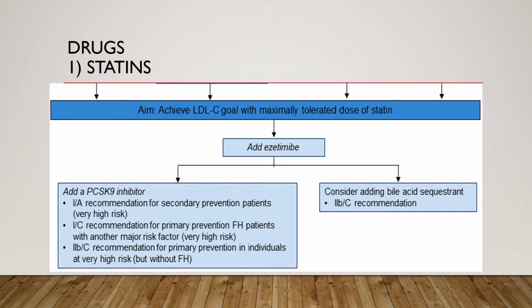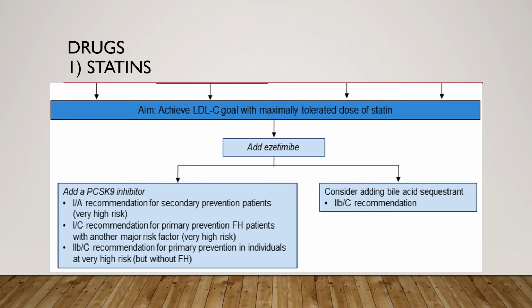If you achieve this target with the maximum tolerated dose and the patient still has some muscle symptoms, you add ezetimibe. You can add ezetimibe on top of statins, or you stop statins altogether and use ezetimibe by itself, or add a PCSK9 inhibitor.